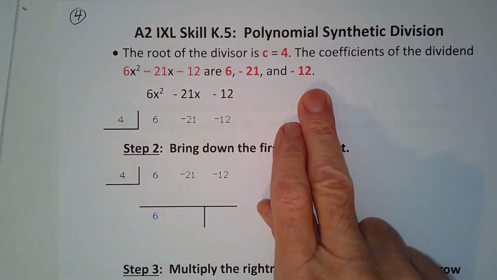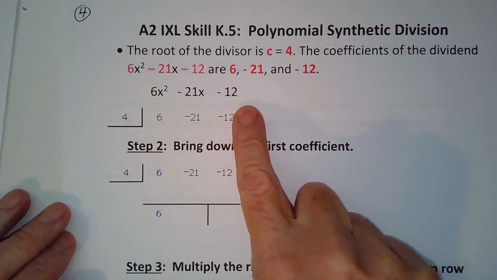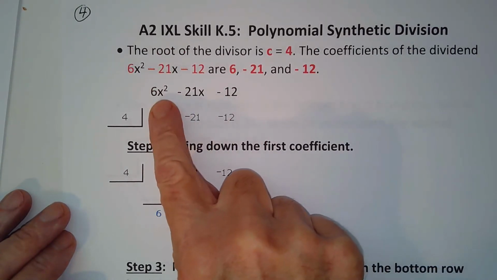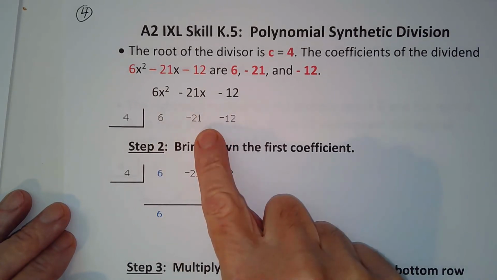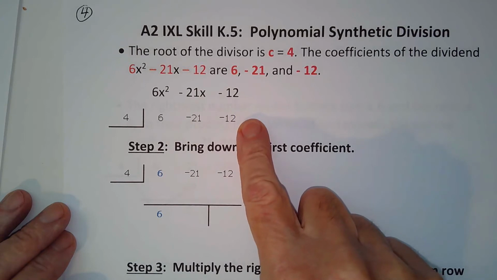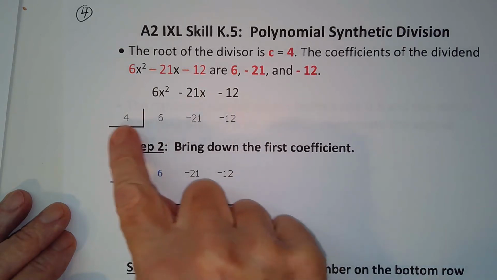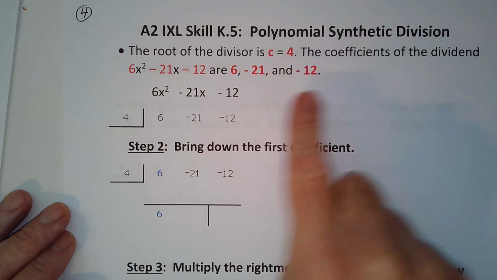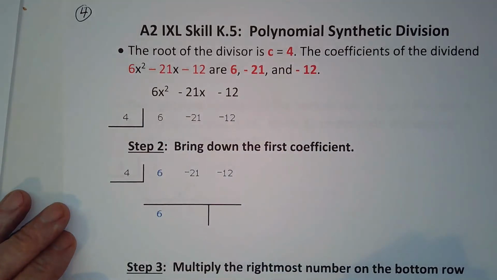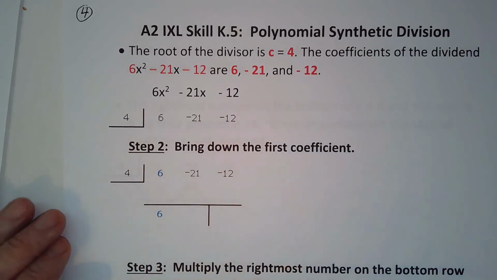I've rewritten the dividend, moved the 6 down, the negative 21 down, and the negative 12 down, and then I created this box and put the divisor, 4, over here. That's the very first thing that you do.